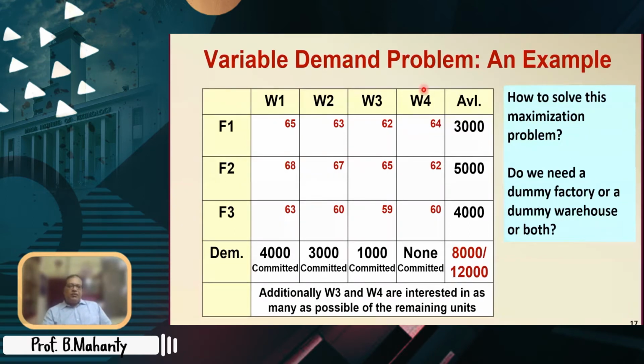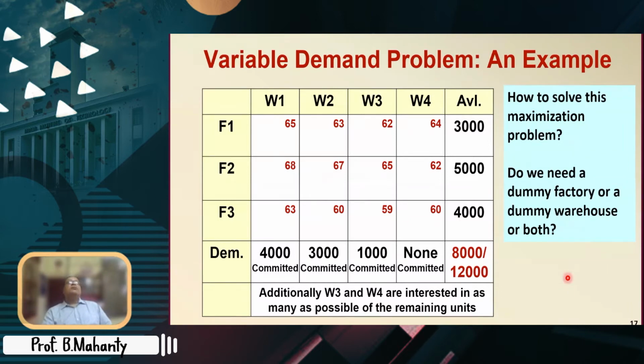Because in this case, availability is 12,000, committed demand is 8,000, but there is also demand of W3 and W4 as many as possible of the remaining units. So you cannot say that total demand is 8,000. Total demand is as many as possible for W3, W4 of the remaining units. So do we need a dummy factory or a dummy warehouse or both?